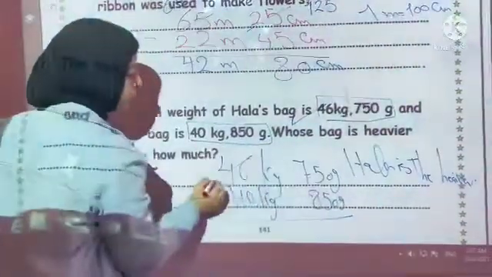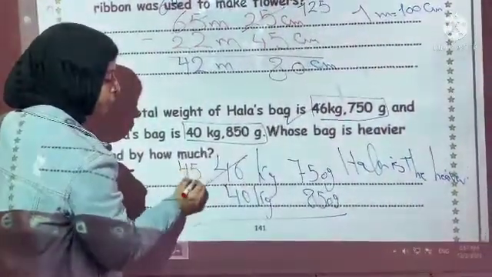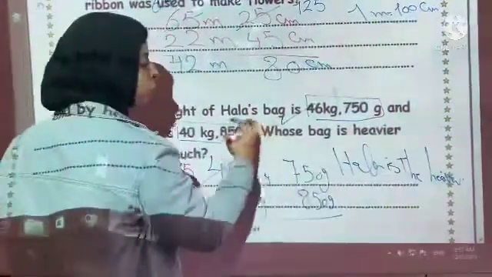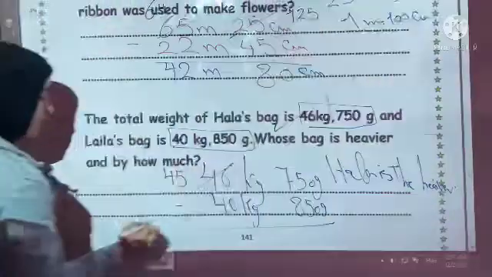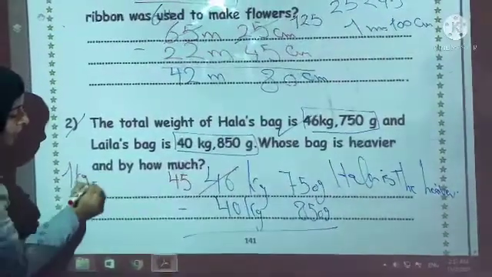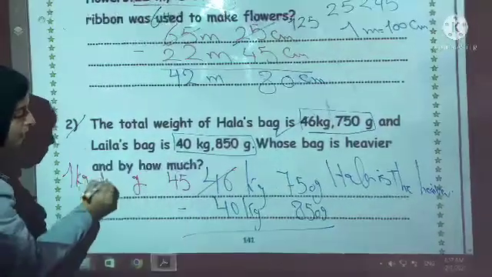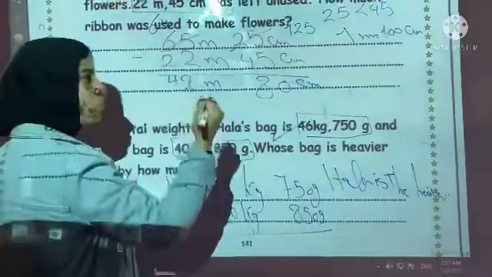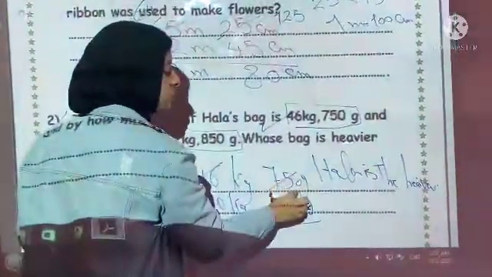That means I'm going to regroup from the kilograms. So 46 will be 45. When I take 1 kilogram, 1 kilogram equals how many grams? Equals 1000. That means I now have 1000 plus 750, which will be 1750.